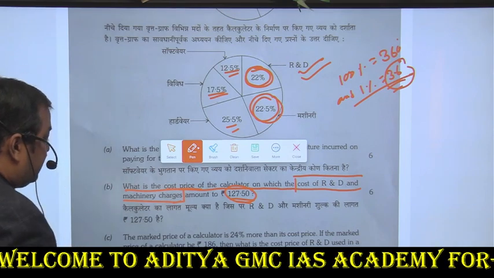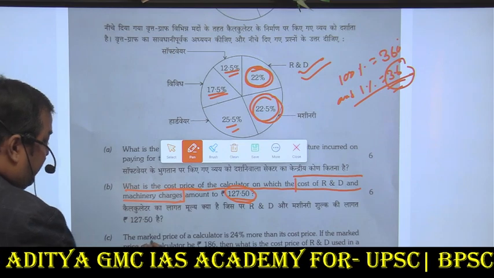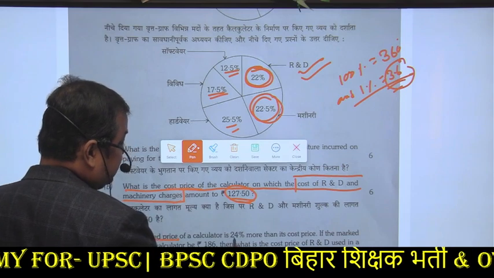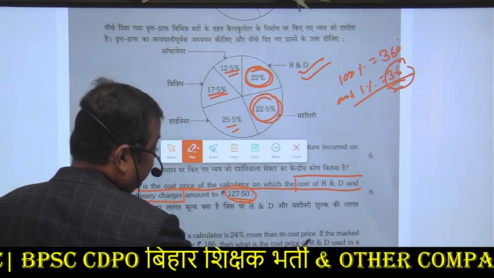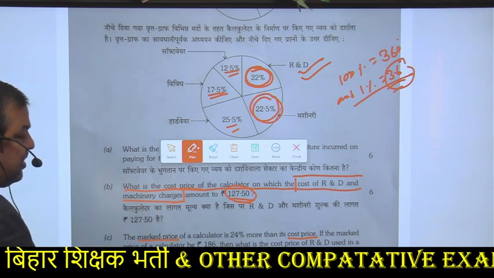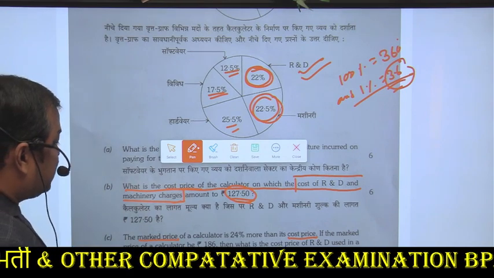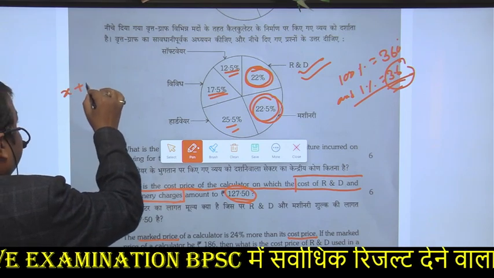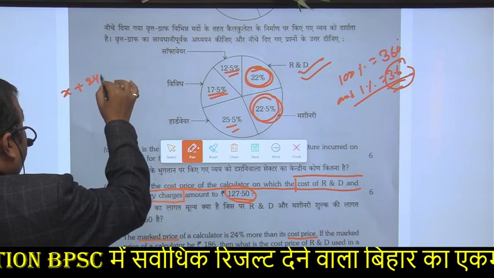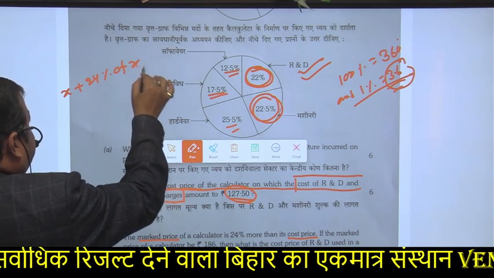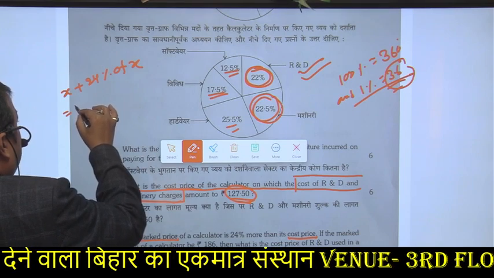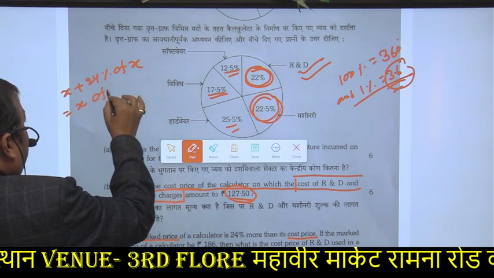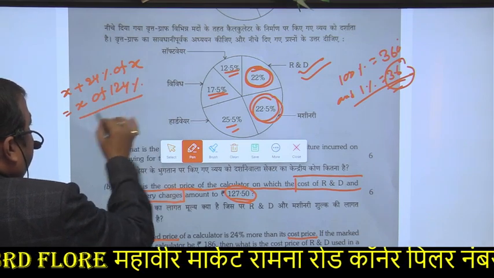Third question, the mark price यानी अंकित मूल्य of the calculator is more than its cost price. So first of all, we consider cost price equals to X rupees, then X plus 24% of X equals to 124% of X together.